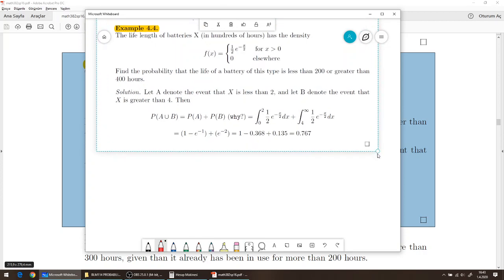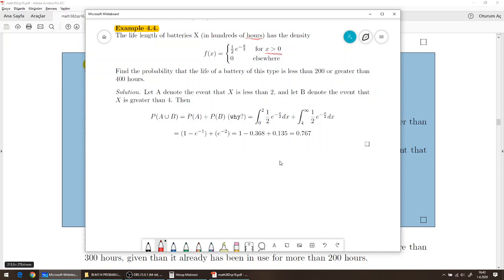The life length of batteries X in hundreds of hours has the density below. Again, since this is a time-based question, X is greater than 0 is the interval for our distribution.